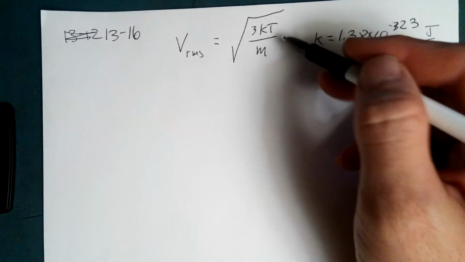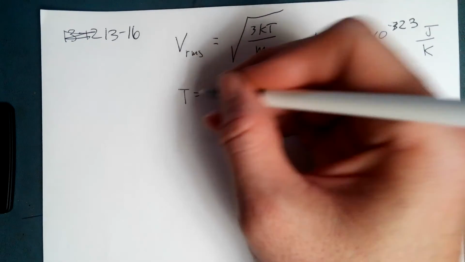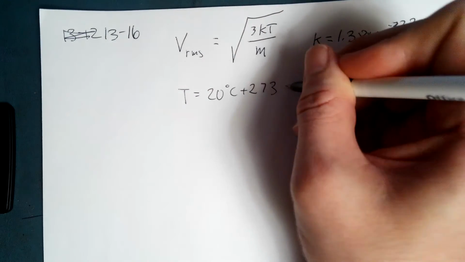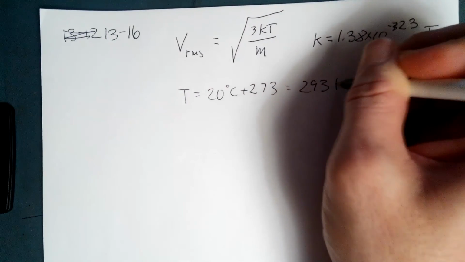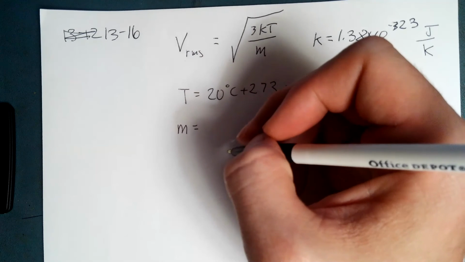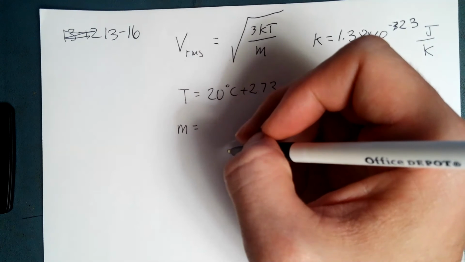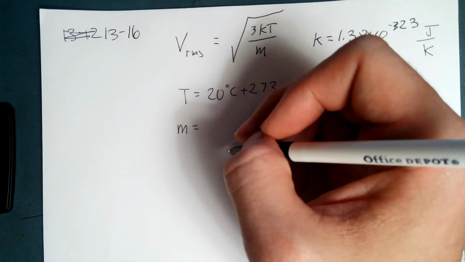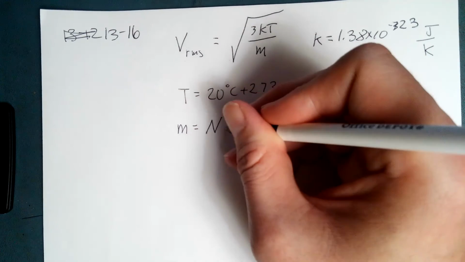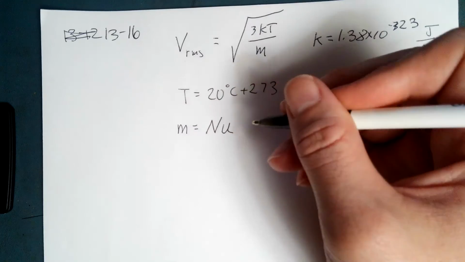Okay, first k is a constant, so we don't need to do anything there. This 20 we need to turn into Kelvin, so 293 Kelvin. Mass, okay, again, this is going to be the atomic mass number times the atomic mass unit.